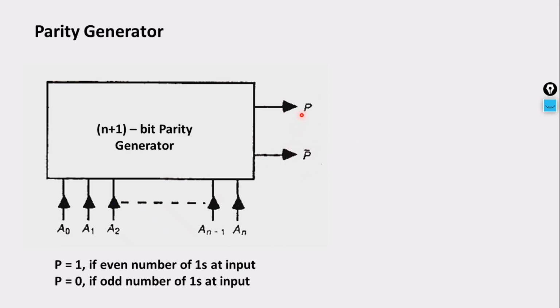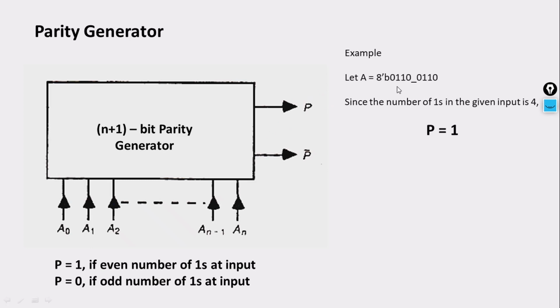The output p is going to be 1 when there are an even number of ones at the input, and it is going to be 0 when there are an odd number of ones at the input. Consider this example: our 8-bit number is 0110 0110.